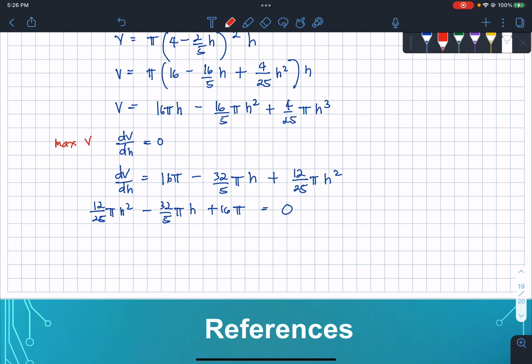So to get the value of h, kasi meron tayong h squared, so this one would serve as our a, so we're going to use direct calculator, so this is our b, and this is our c. So as to get the value of h, I'm just going to use the calculator.